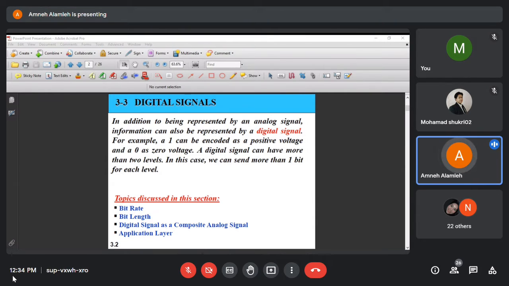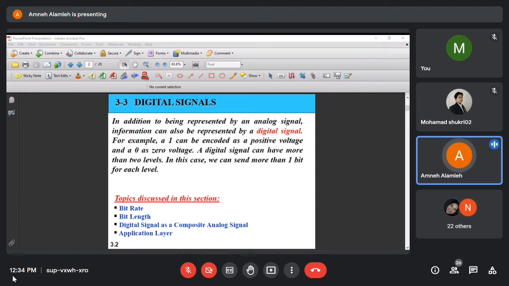So for digital signals, most digital signals are non-periodic. And thus, period and frequency are not appropriate characteristics.